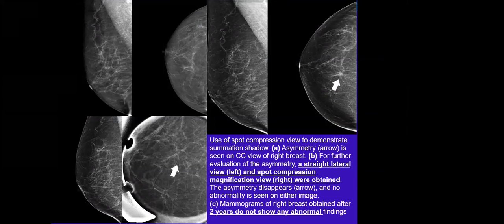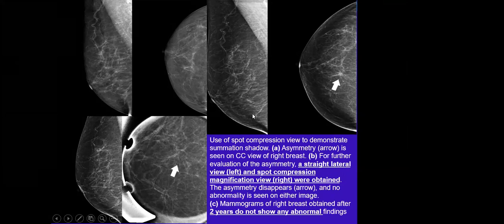Use the spot compression view to demonstrate summation shadow. On the asymmetry, right breast, for further evaluation of asymmetry, we also have a straight lateral view and a spot compression magnification view that were obtained. They demonstrate that the asymmetry disappeared.